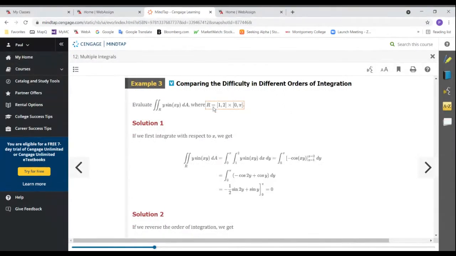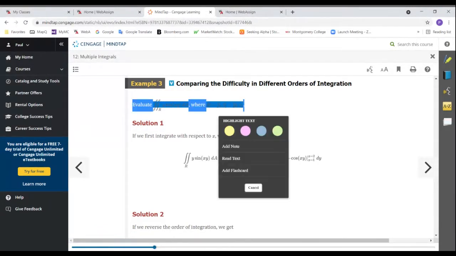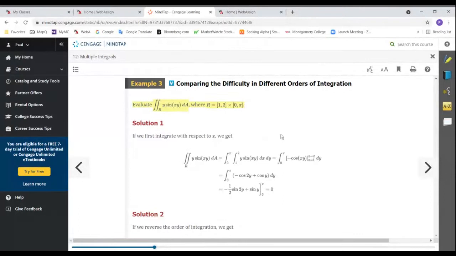In this problem, you want to evaluate this double integral over a rectangular region. So the x limits go from 1 to 2, and the y limits go from 0 to pi.